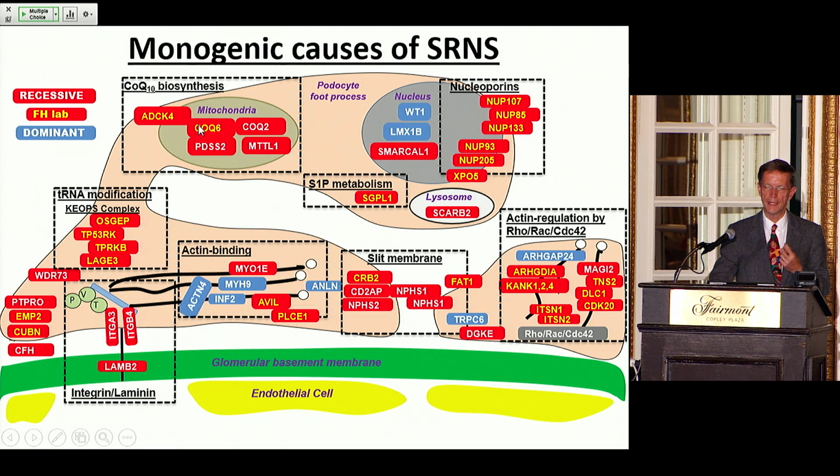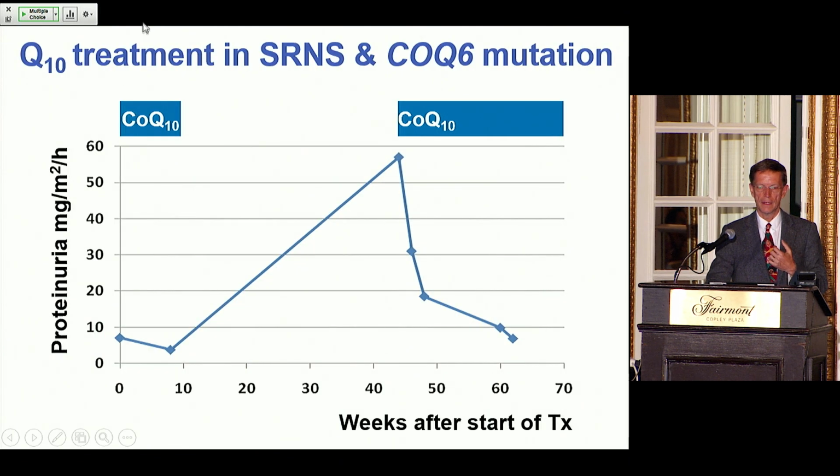And in this way, we have an understanding of the complexity and the components of podocyte function and the pathogenesis of nephrotic syndrome, which in one case has already led to treatment consequences. I'm showing you this example here of a 6-year-old girl who had steroid-resistant nephrotic syndrome.